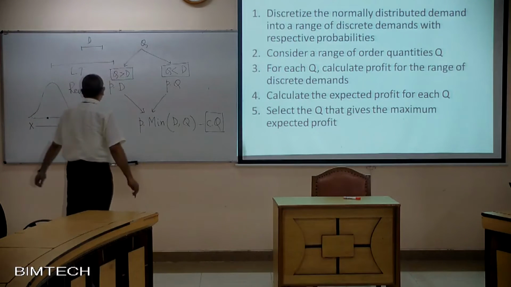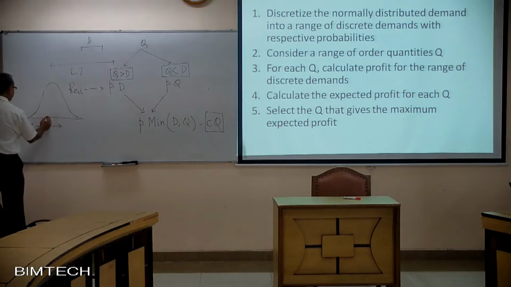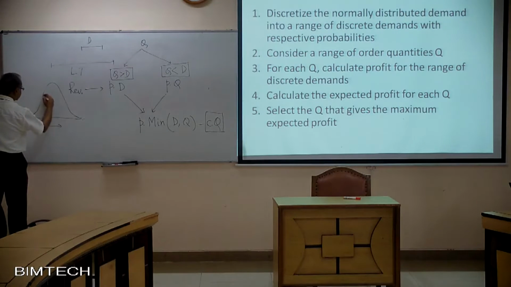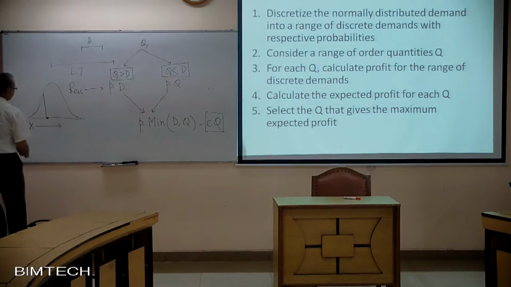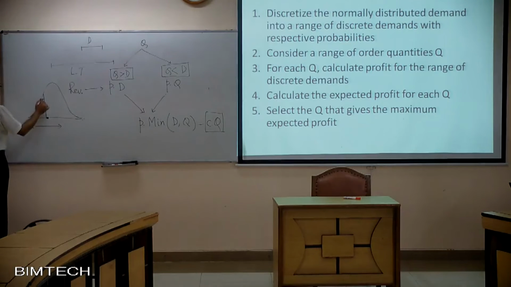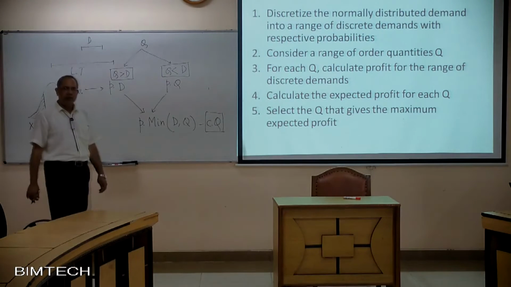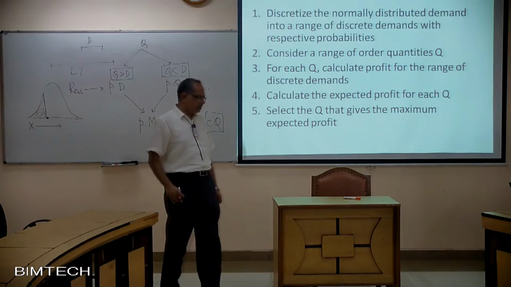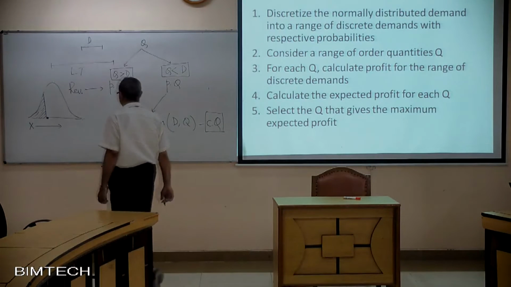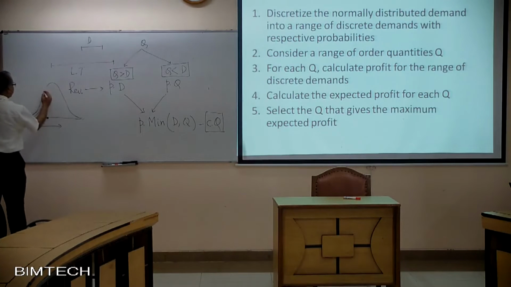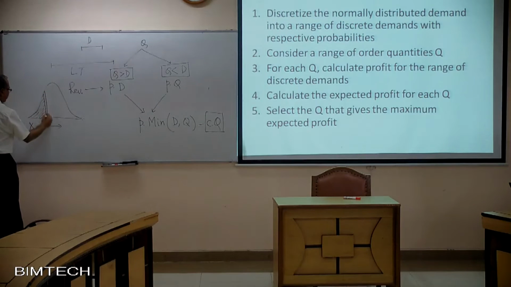So if I want to find out the probability of this demand, I will take a segment and calculate the cumulative probability till this point. Because it's a normal distribution, we are very easily able to do that, find out the cumulative probability.